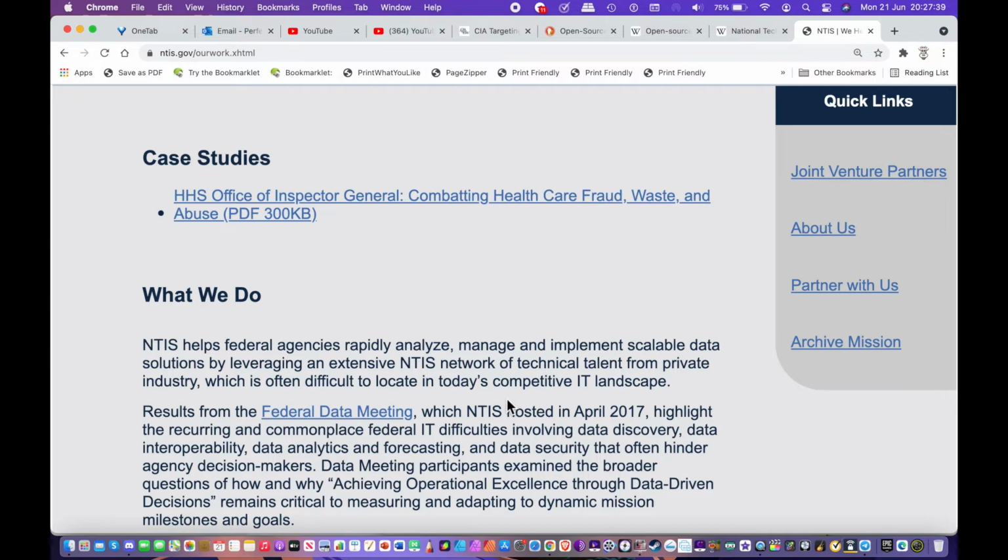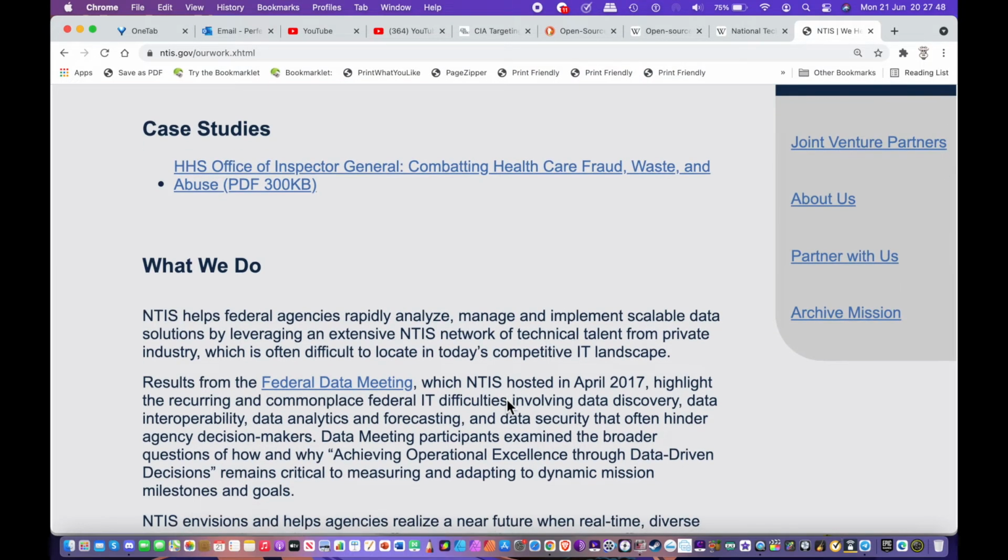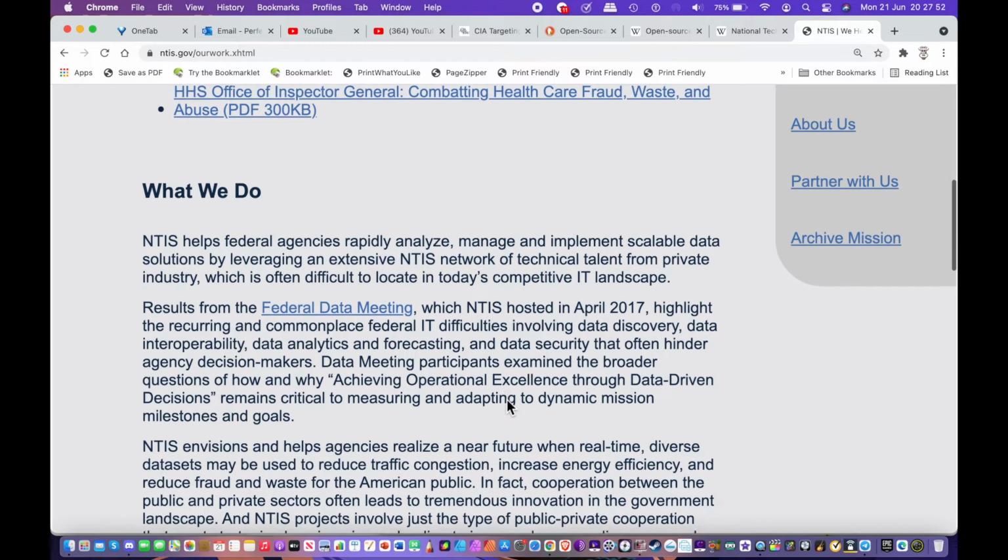An extensive NTIS network of technical talent from private industry, which is often difficult to locate in today's competitive IT landscape.